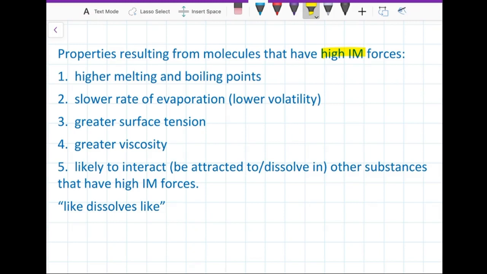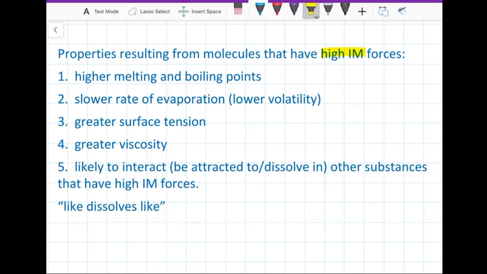So hand sanitizer, which the active ingredient is ethanol, which has lower intermolecular forces than water, evaporates quickly because it has higher volatility, because volatile means it evaporates quicker. So things like hand sanitizer have higher volatility because they have lower intermolecular forces.